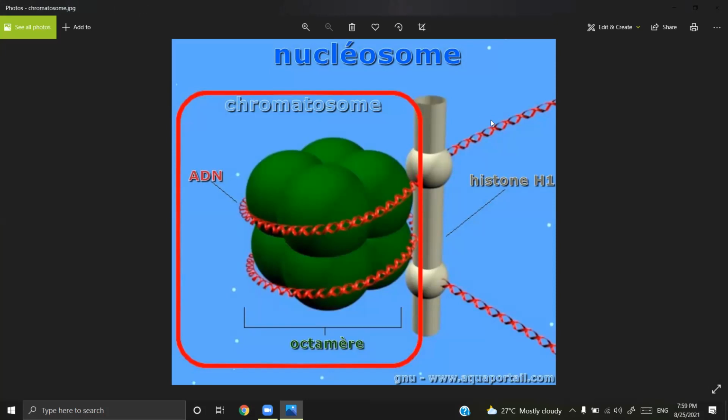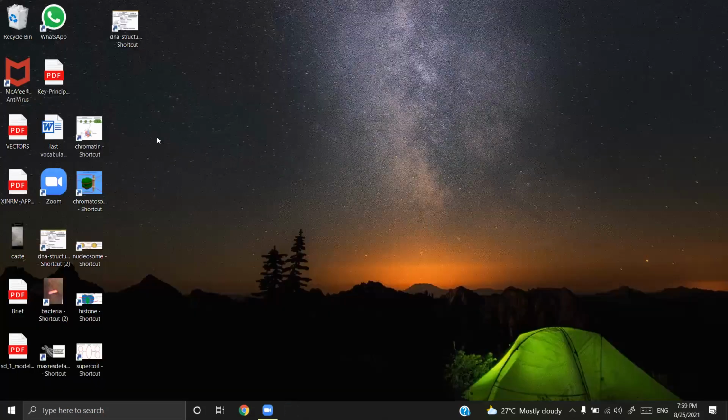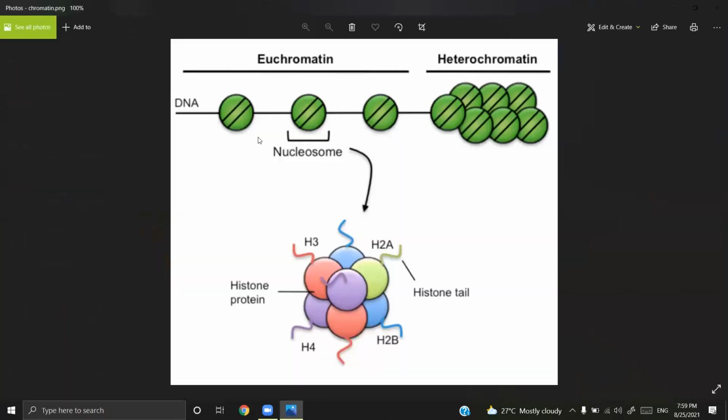This is your linker DNA, this is your core DNA, and this gray colored structure is histone 1, which together with the octamers and the core DNA forms the chromatosome structure.